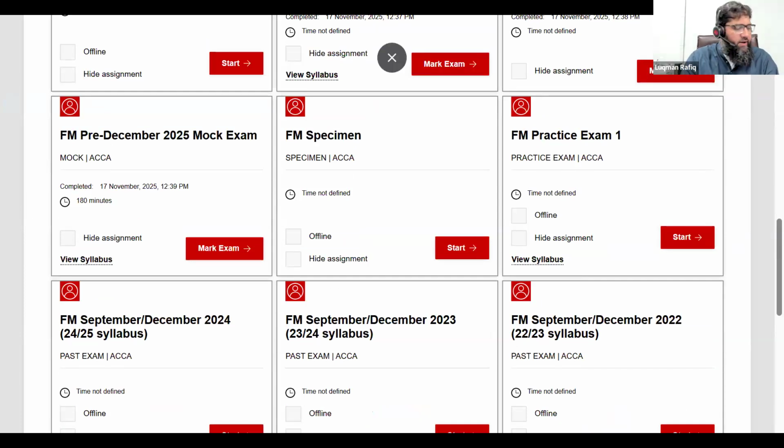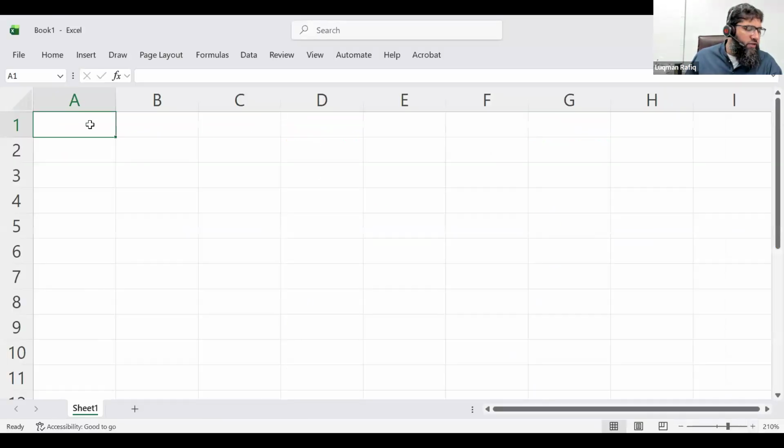The reason being that if I do the answers on the ACCA CBE practice platform, then even if I share the answers with you, they will be in the form of PDF. They won't be showing you the Excel formulas. So I'll try to share the Excel formulas with you.